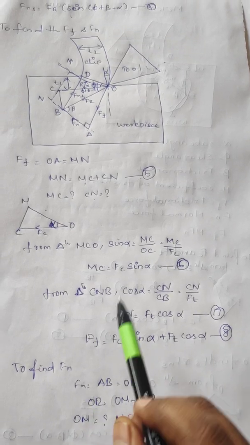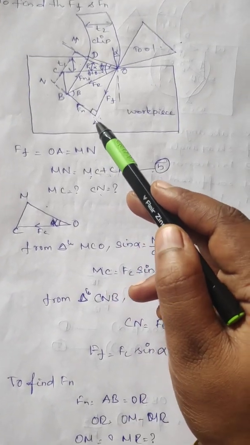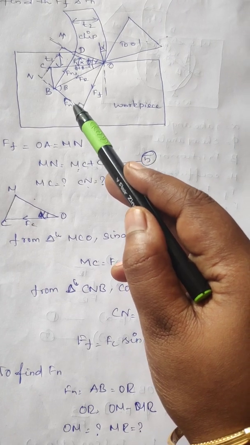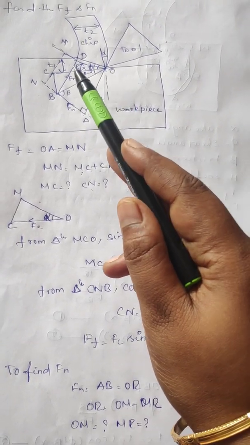So here the normal force is equal to AB. In this line you can see the normal force, which is also equal to OR.